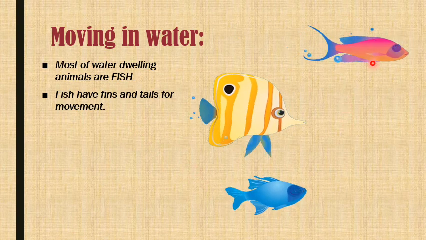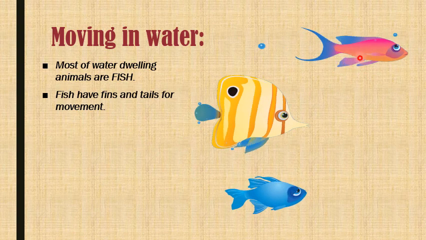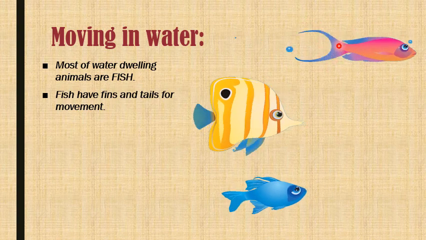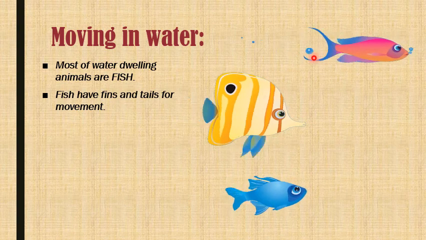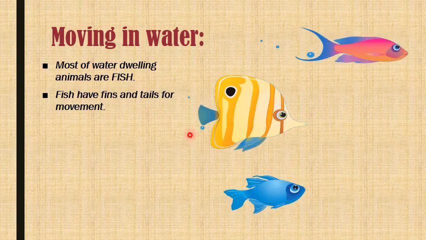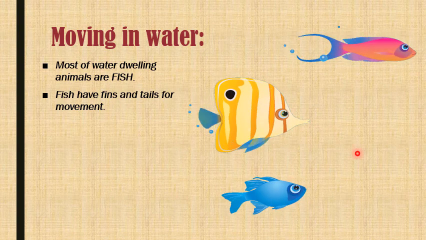At both of its sides there are fins, and at the end of their body there is a tail. With the help of these tails and fins, fish move forward and push the water backward.